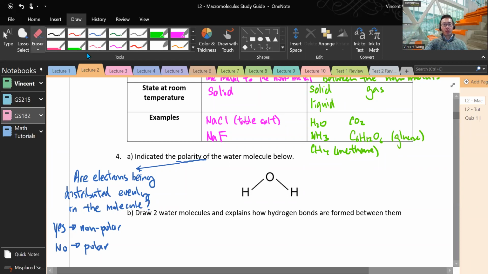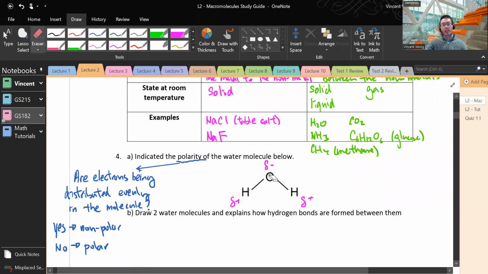So here is water, and it turns out that the electrons hang out around the oxygen more than the hydrogen. So it will make this part slightly negative, and this side slightly positive. The correct way of writing it is with this squiggly symbol, delta, slightly negative, and slightly positive.